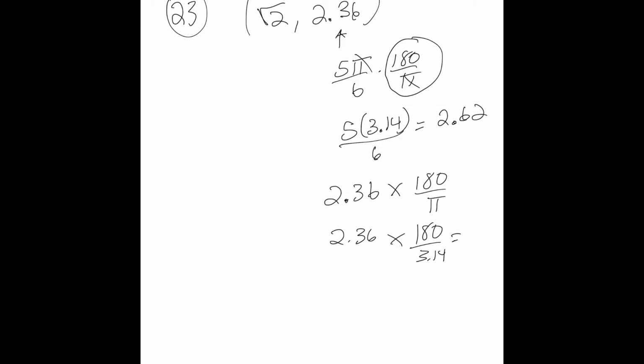Alright, so I'll just rewrite this. This is √2, my radius, and my degree is 135, close enough, 135 degrees. So that is what we need to graph.